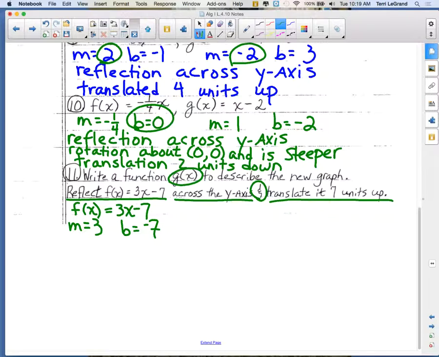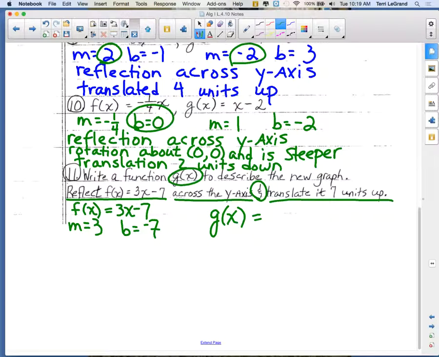We're supposed to write a new function, g of x, and it has to be reflected across the y-axis. So first, to reflect, we have to mess with the slope, don't we? For a reflection, what do you have to do to that slope? Multiply it by -1.